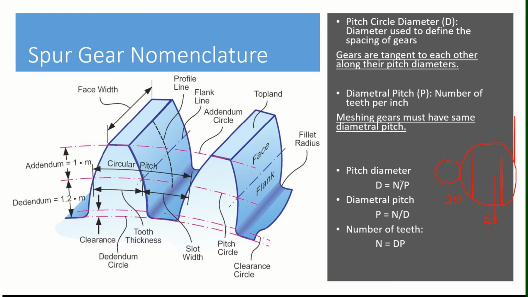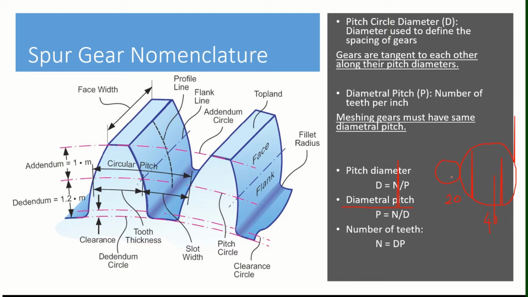Okay, so the first gear has 20 teeth and the second gear has 40 teeth, but in order to have a smooth meshing, we need to have their diametral pitch constant, which means the consecutive distance between the two teeth needs to be identical, just like in the case of the screws.